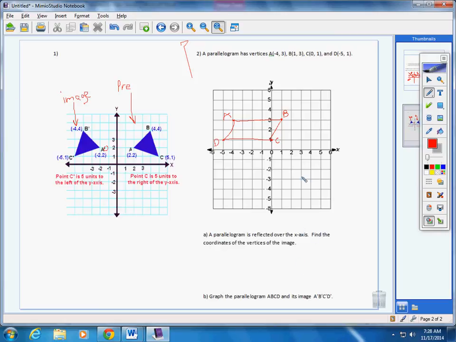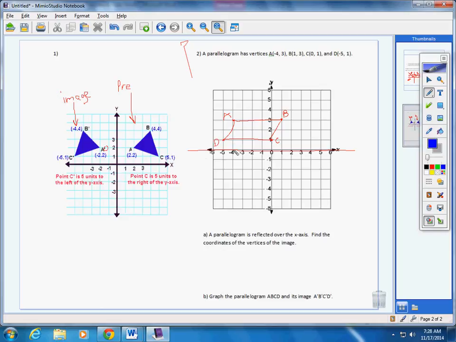So when we talk about a reflection, if it's reflected over the x-axis, you can do this in one of 2 ways. Let me switch colors here. You can either say, okay, since this is my line of symmetry right here in the middle, we can simply take each of our points and count 1, 2, 3.